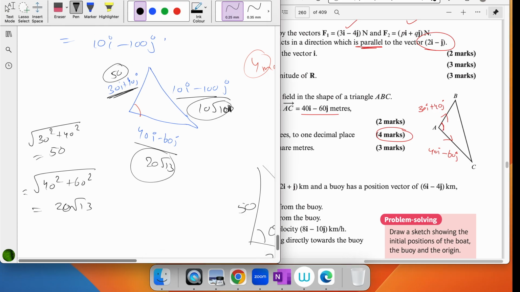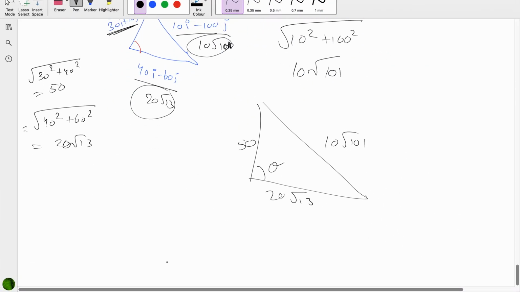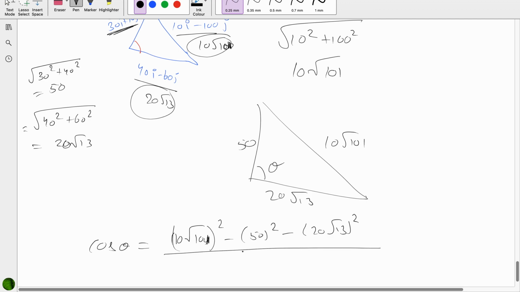Now we know all 3 sides, so we can directly use the cosine rule. So cos theta is equal to (10 root 101) squared minus 50 squared minus (20 root 13) squared, over 2 times the remaining 2 sides.